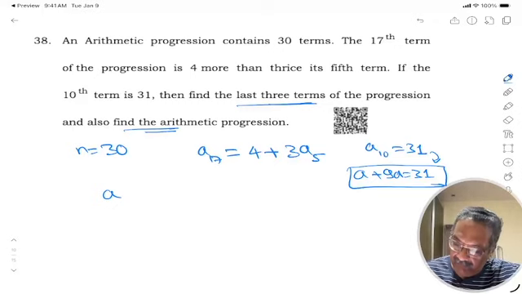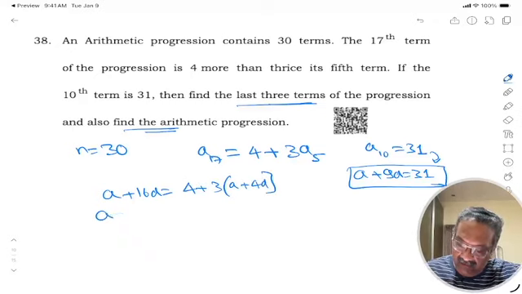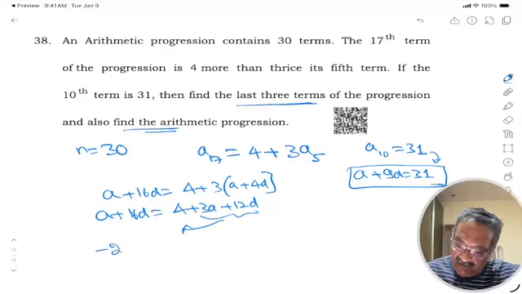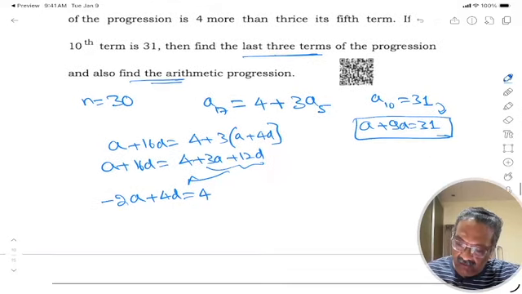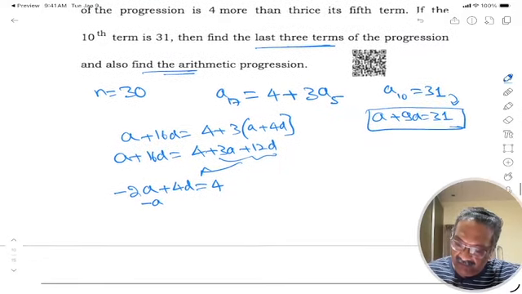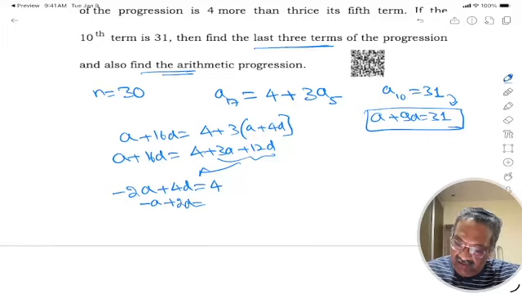A17 is A plus 16D is equal to 4 plus thrice of A5, which is A plus 4D. So A plus 16D is equal to 4 plus 3A plus 12D. If this comes this side, it becomes minus 2A plus 4D is equal to 4, or minus A plus 2D is equal to 4. This is equation number 2.